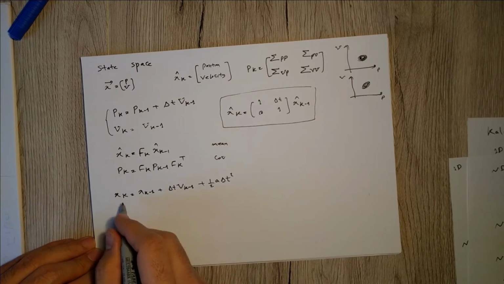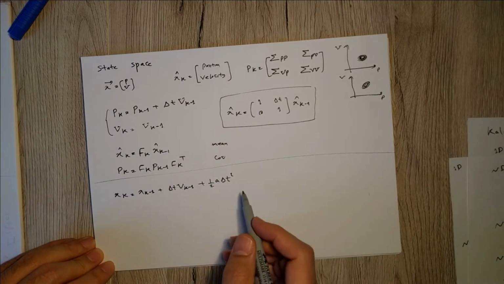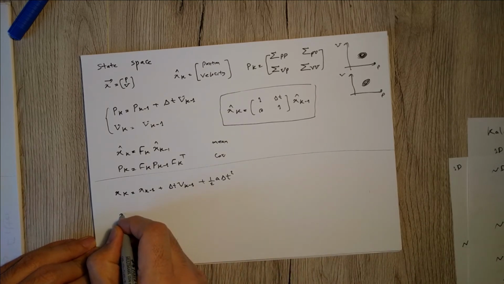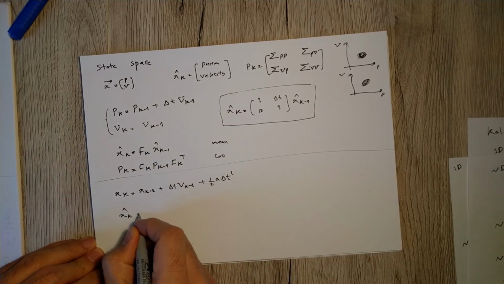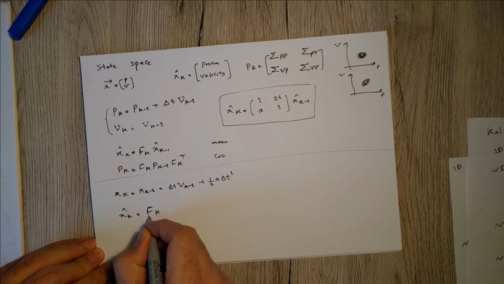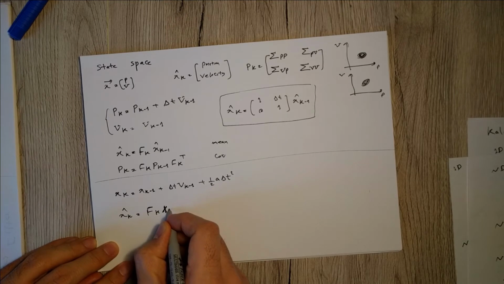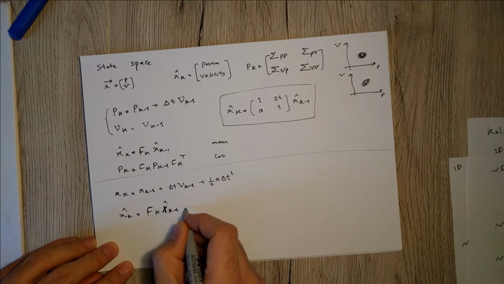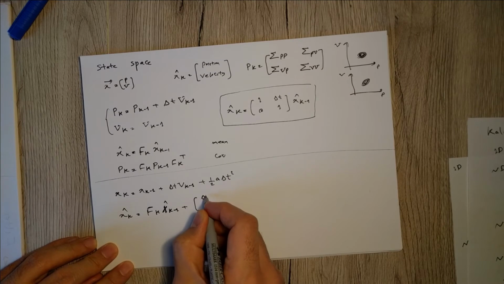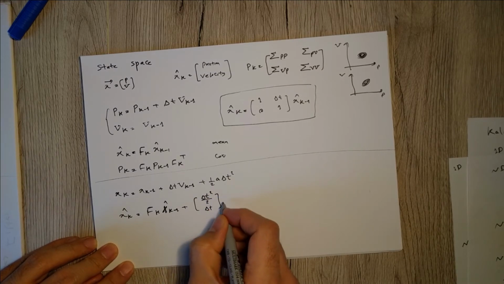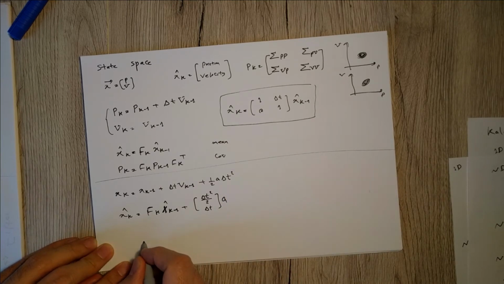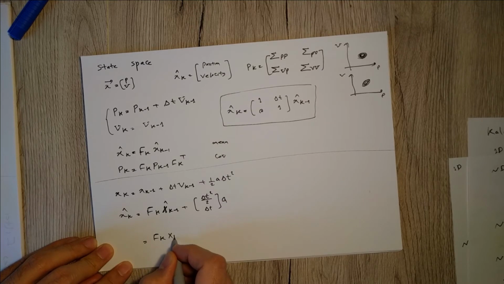So again, if I write it down in the form of a matrix, so this is my Fk. Or I can again write it like this.